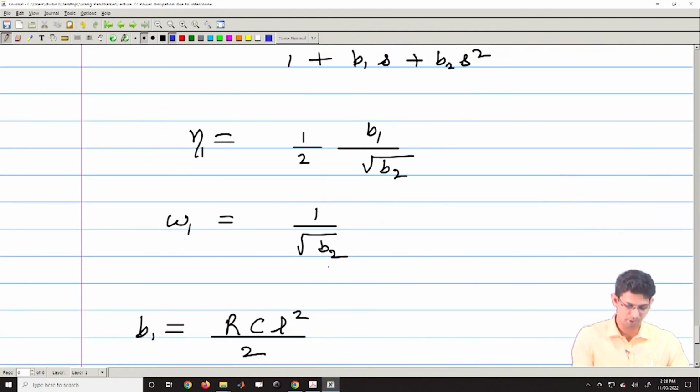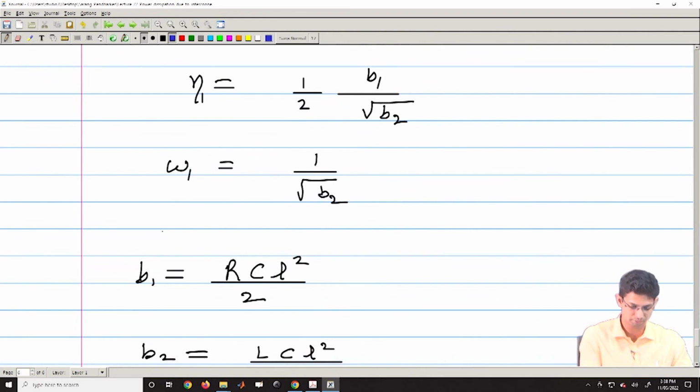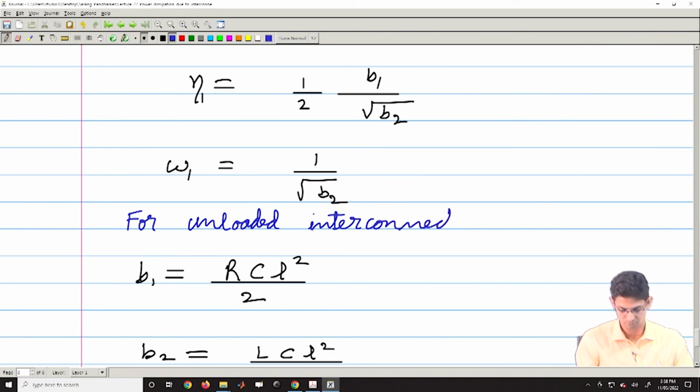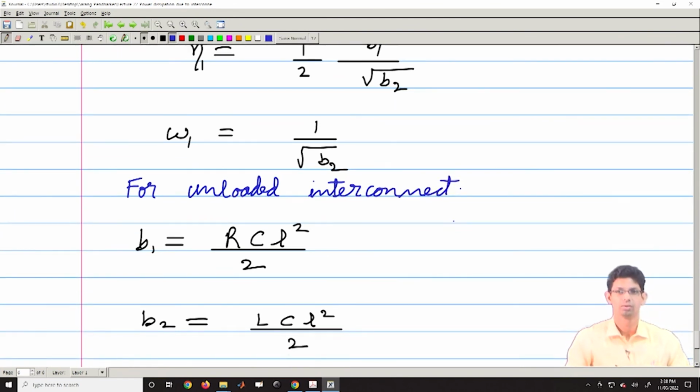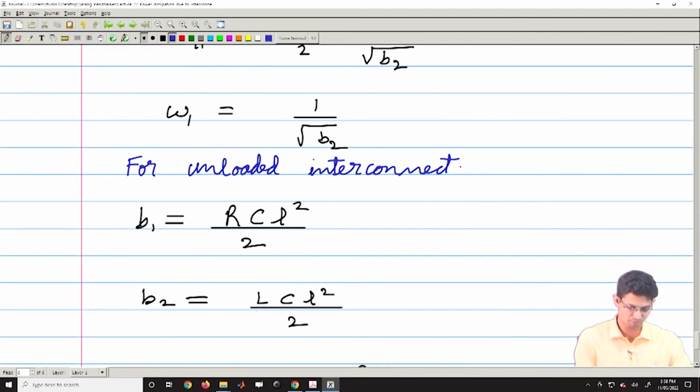For this, I consider an unloaded interconnect, where my B1 is RC L square by 2 and B2 is LC L square by 2.